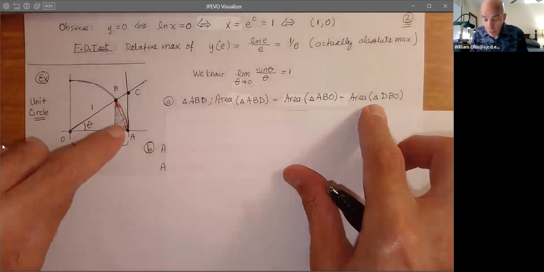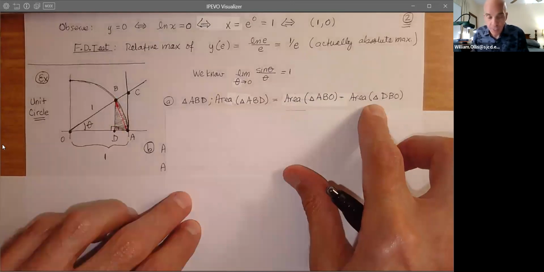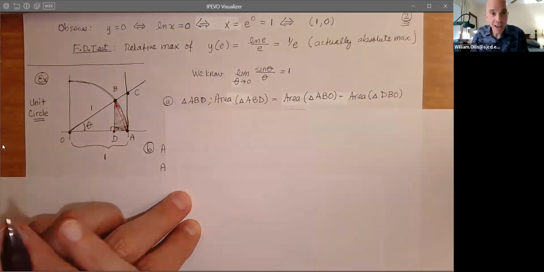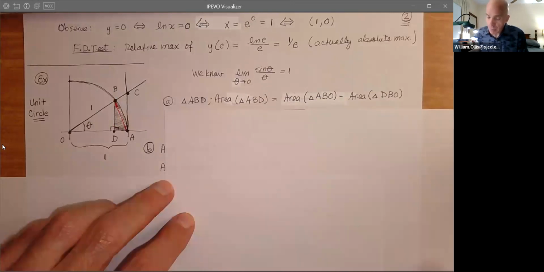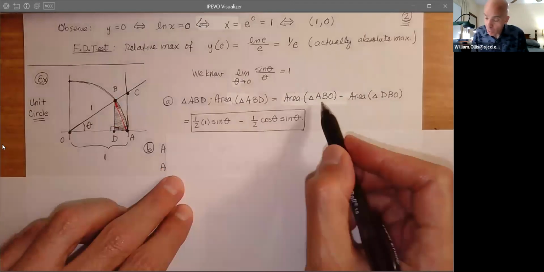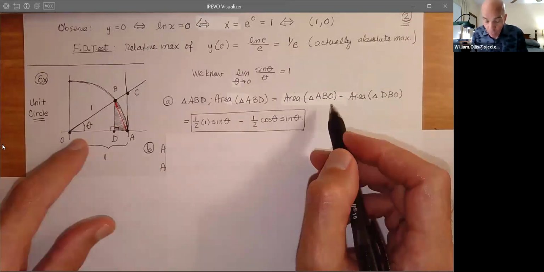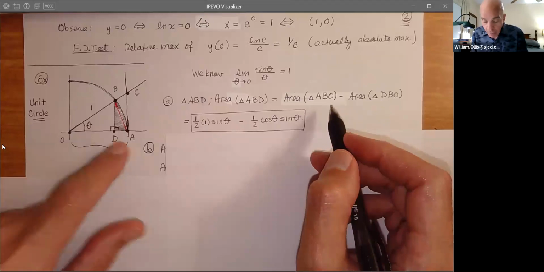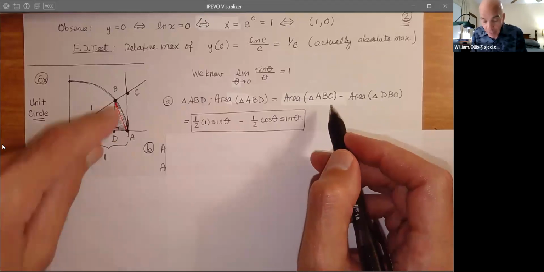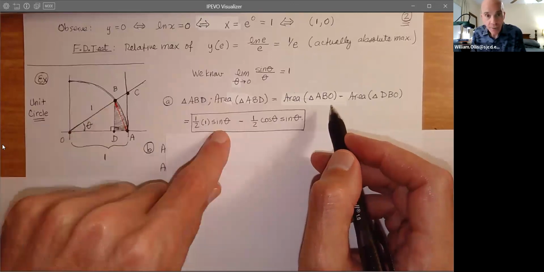the triangle ABD. Now, the beauty of this is just base, 1/2 base times height. This just uses a lot of trig. But notice for the first triangle here, ABO, we have a base of 1, and by trigonometry, we have a height of sine theta. So we just get 1/2 times 1 times sine theta.